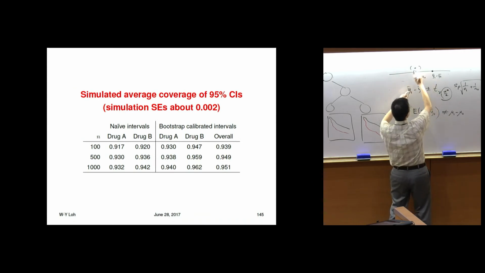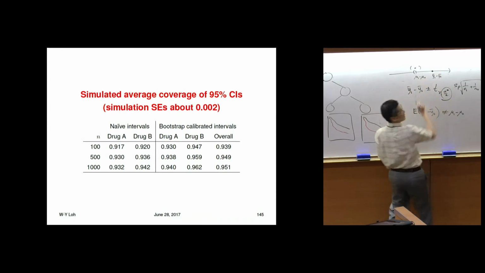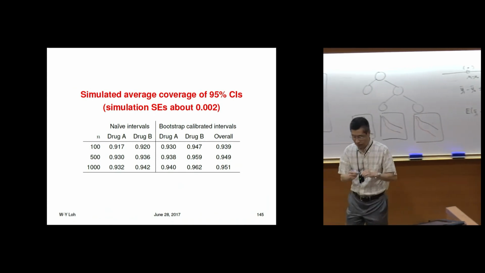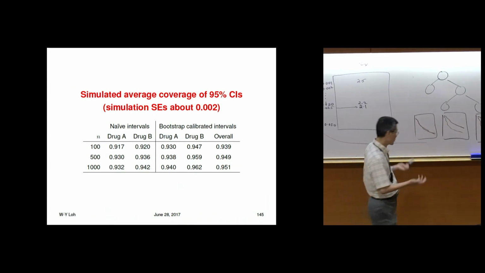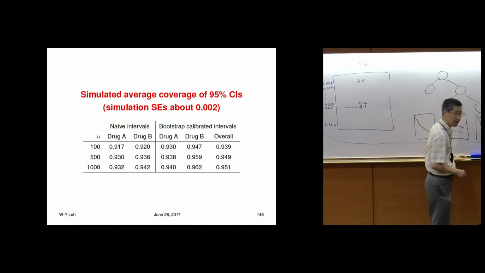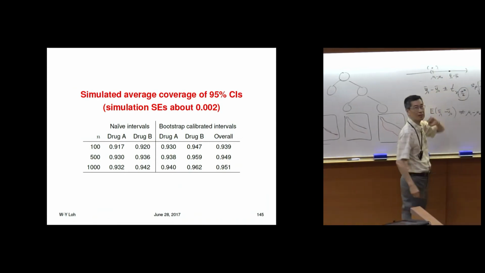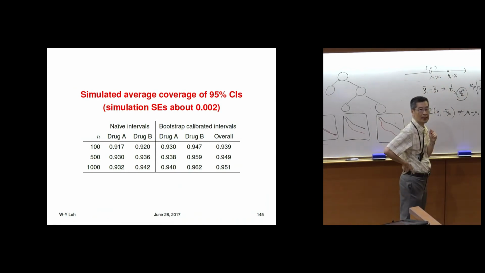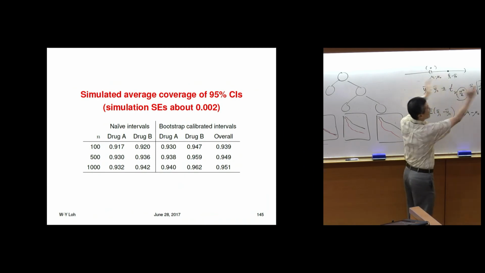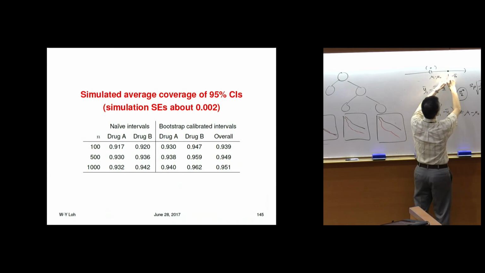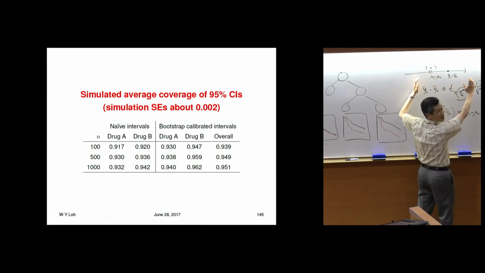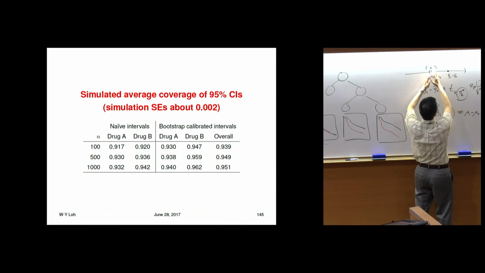But because it's biased, I need to have a much wider interval to contain this. Right? So one problem that's left to be solved is how can you debias this before you do the calibration? Somehow shift this closer to this, then get the interval around it. Not let it stick on one side and then get it. Because in order for this interval to cover this, because it's so far away, your interval has to be much wider than if this point is closer here, right?